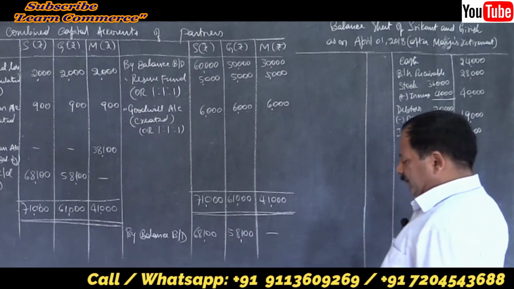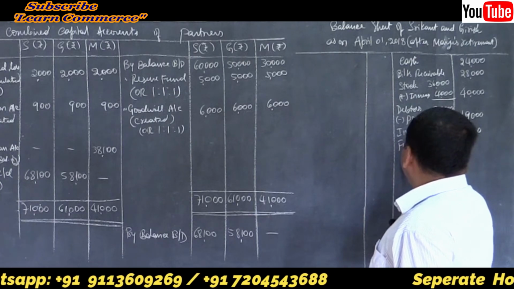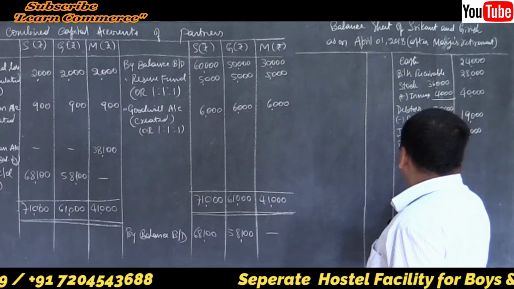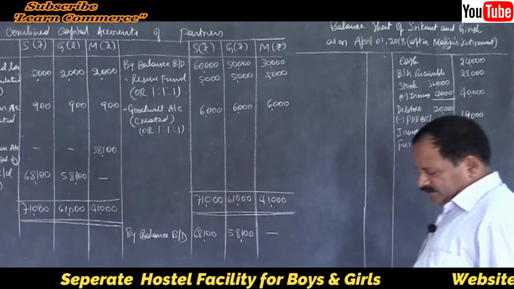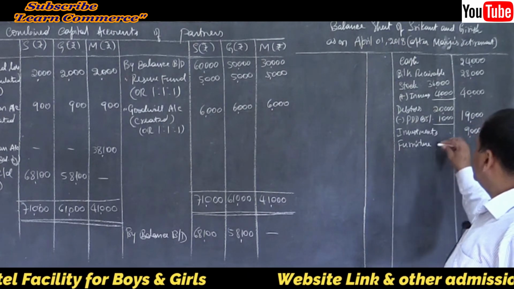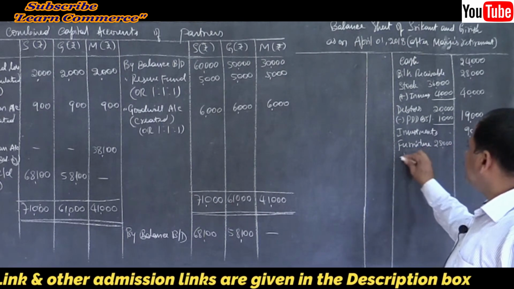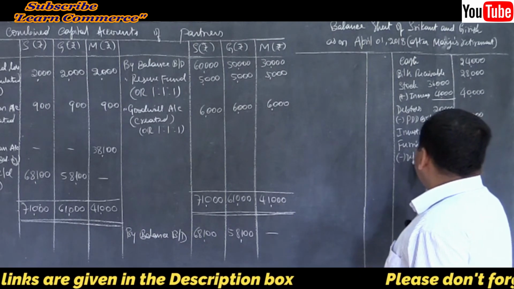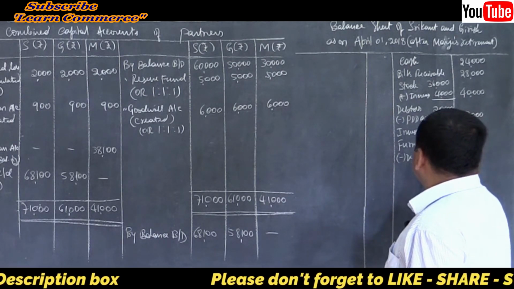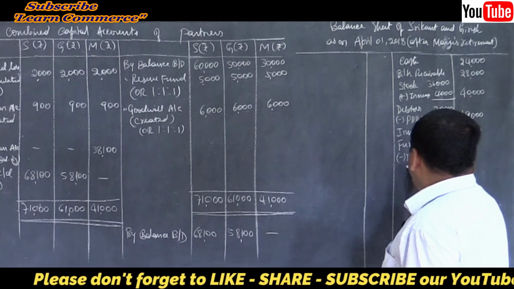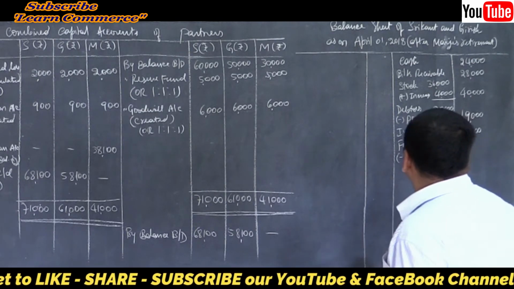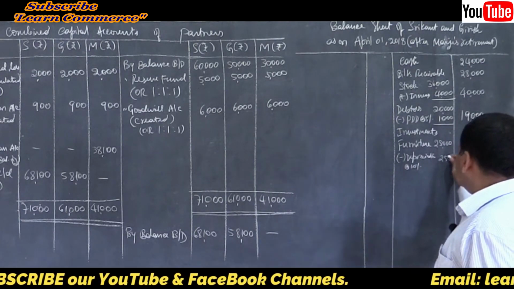Then furniture, how much? 25,000 inner column, there is a depreciation, right? Depreciation at the rate of 10%. So it is 2,500.